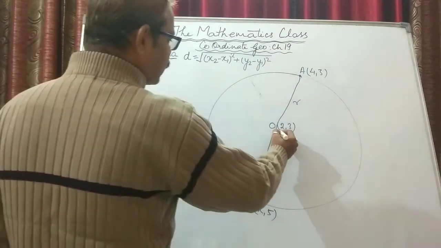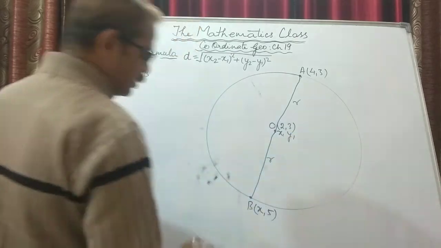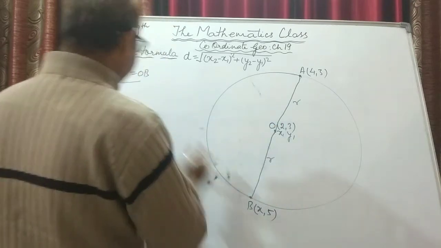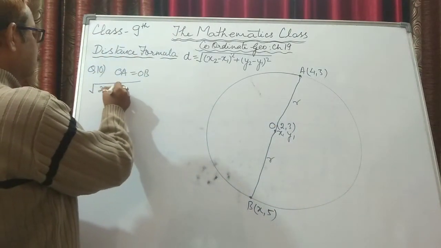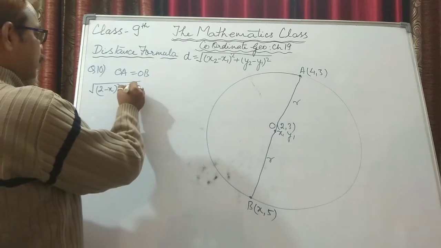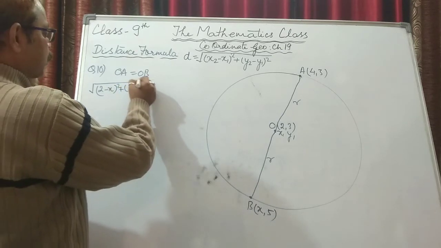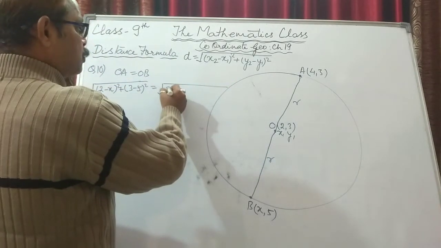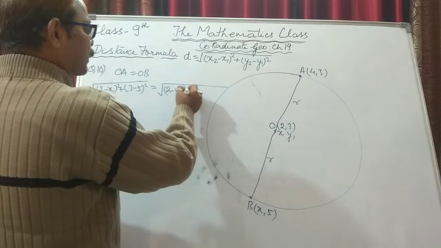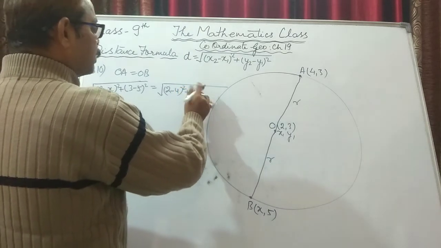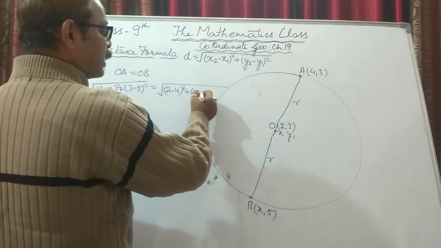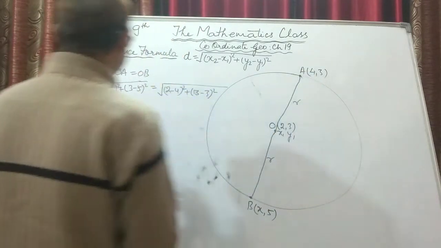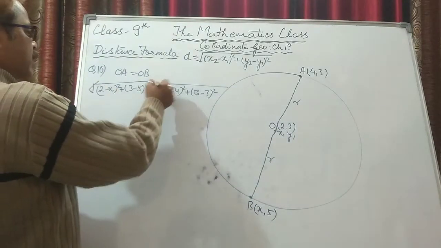Under root, O will be considered as (x1, y1), and this will be (x2, y2), and then again this will be (x2, y2). So under root (2 − x)² plus (3 − 5)² will be equal to under root (2 − 4)² plus (3 − 3)². So the roots cancel by squaring both the sides.